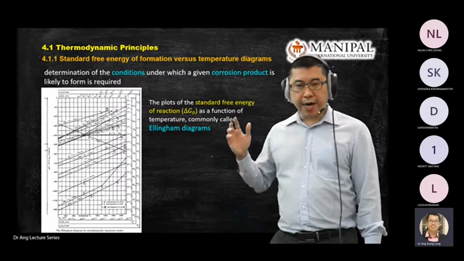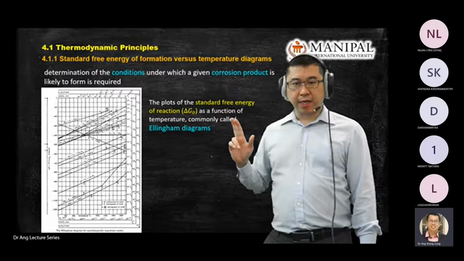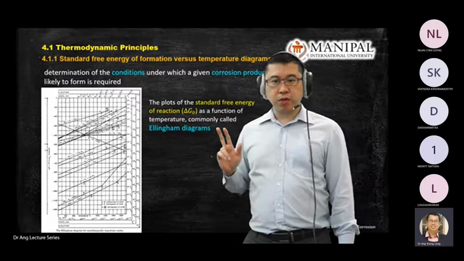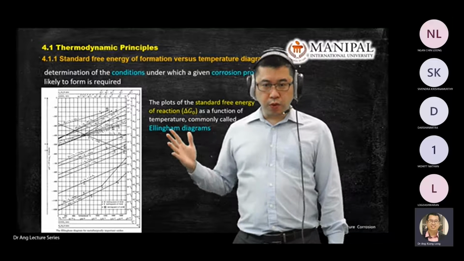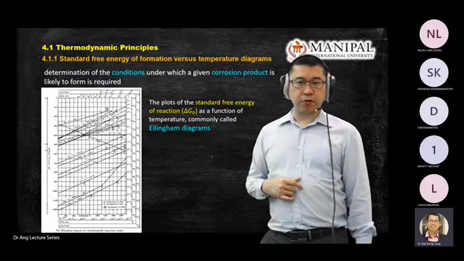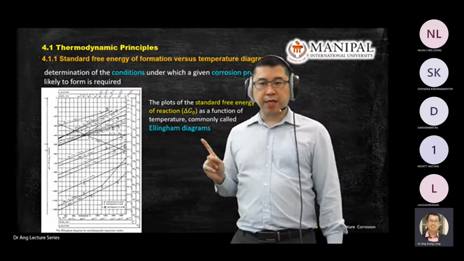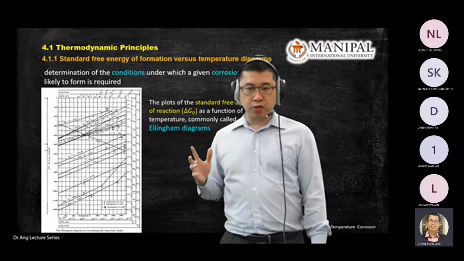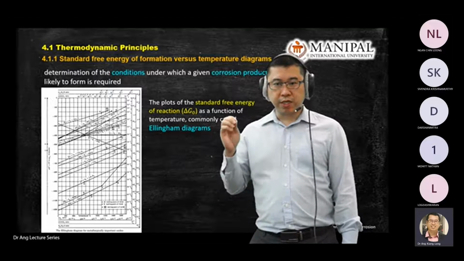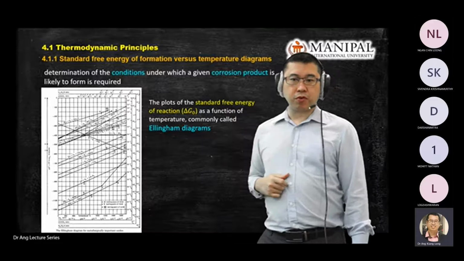So for high temperature corrosion, the Ellingham diagram is used to explain or to study high temperature corrosion. Remember this name: the Ellingham diagram is used to analyze high temperature corrosion.